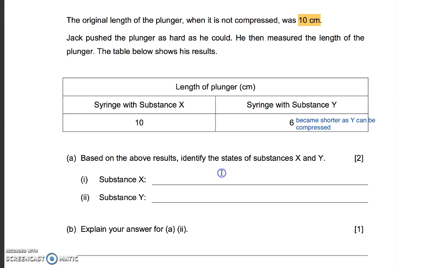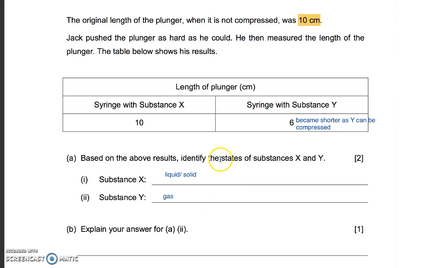Here we're supposed to identify the states of substance X and Y. Substance X cannot be compressed, so therefore it can either be a liquid or a solid. But for Y, definitely it has to be a gas.